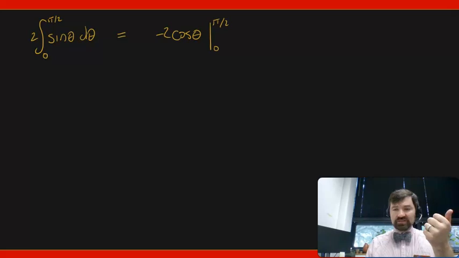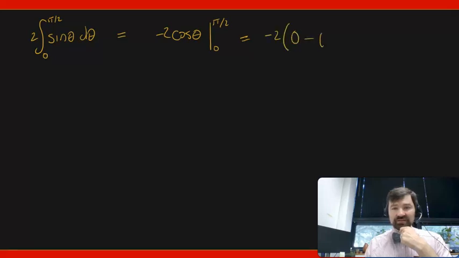You know that the cosine of 0 is 1, you know that the cosine of pi over 2 is 0, so what we have here is negative 2 times 0 minus 1, and so you get 2.